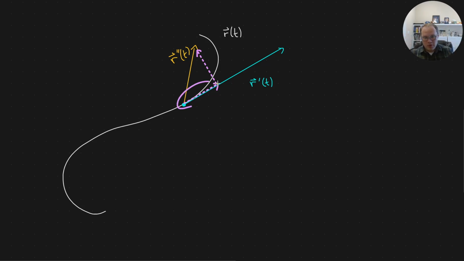Looking at these components allows us to look at these two different facets of how r prime can change individually. This one changes the speed of a particle moving along this trajectory, but this one changes the direction r prime is pointing in.